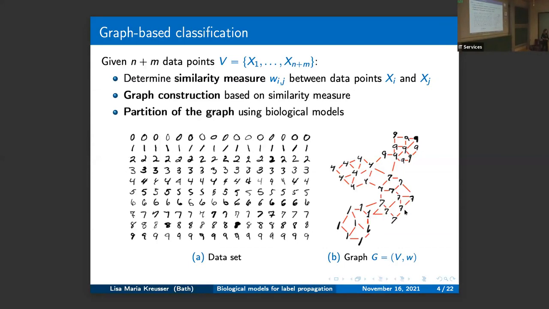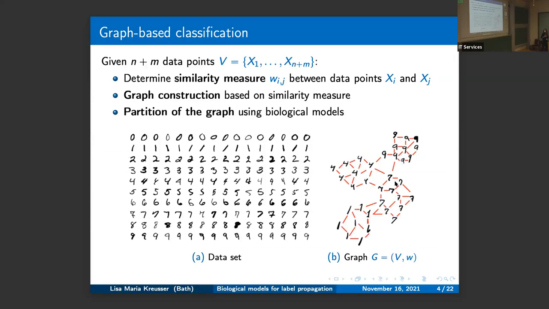And then all those 7s more or less look similar to each other, but then some of those 7s already look quite similar to the number 4, and so on. This allows us to come up with a graph structure based on how close the different data points are to each other.